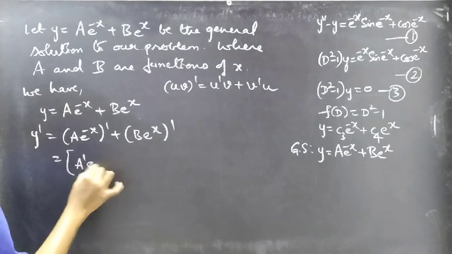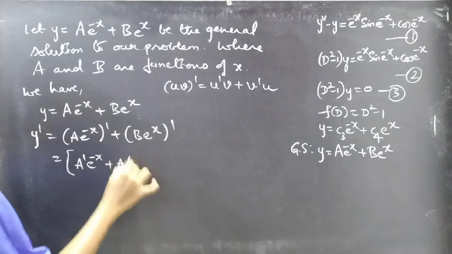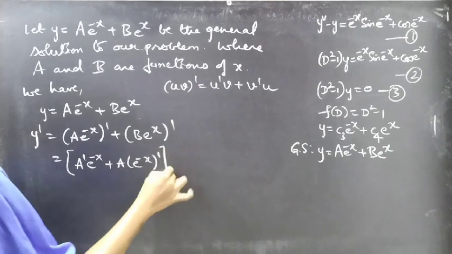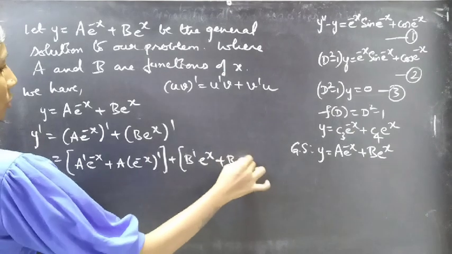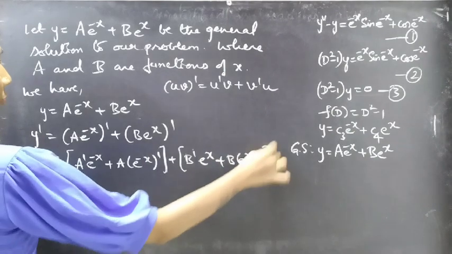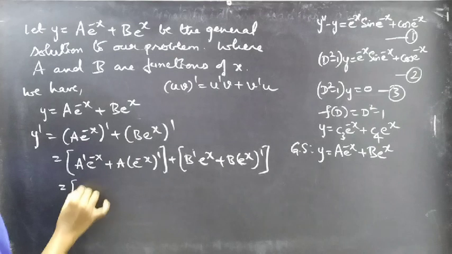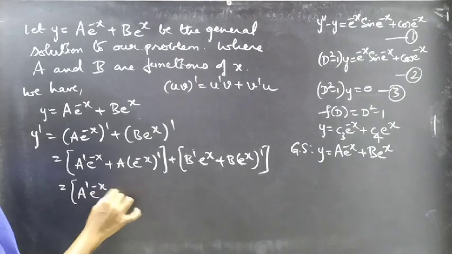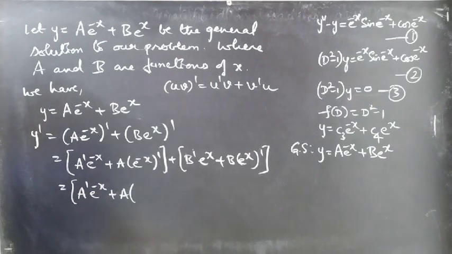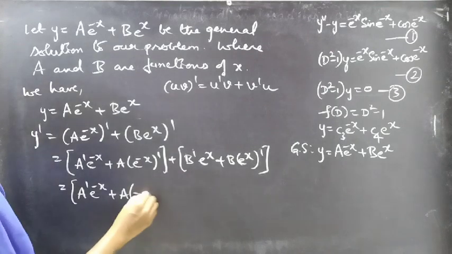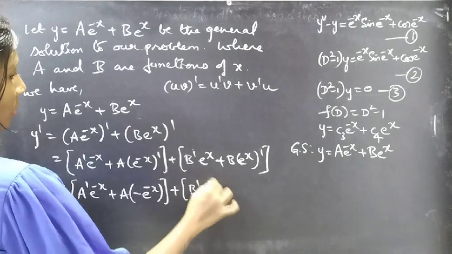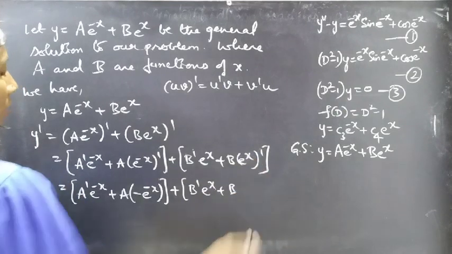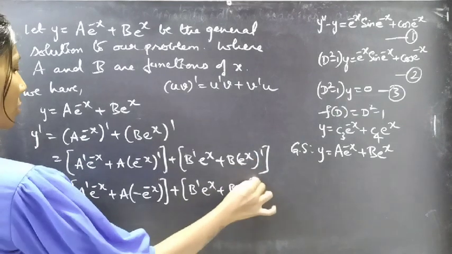We'll get a' e^(-x) plus a into (e^(-x))' plus b' e^x plus b into (e^x)', which gives us a' e^(-x) plus a into the derivative of e^(-x) with respect to x, which is minus e^(-x), plus b' e^x plus b into the derivative of e^x with respect to x, which is e^x.